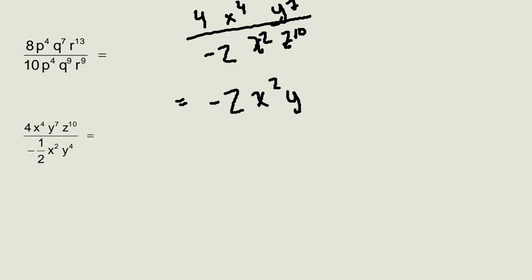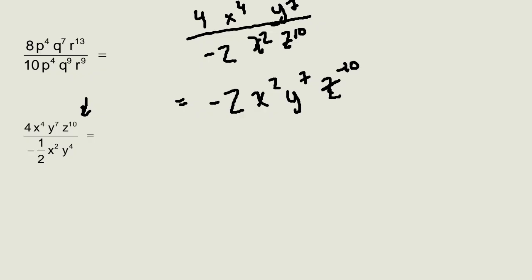Now the question is, in the earlier one our z10 was on the top and that was great because we just kept it there. But in this one my z10's on the bottom. If I want to bring it up to the top, because there's no other z's to combine it with, I can't just do that. I have to make it into a negative exponent, right? So on your answers, if you're going to bring that up, you have to flip that into a negative exponent.